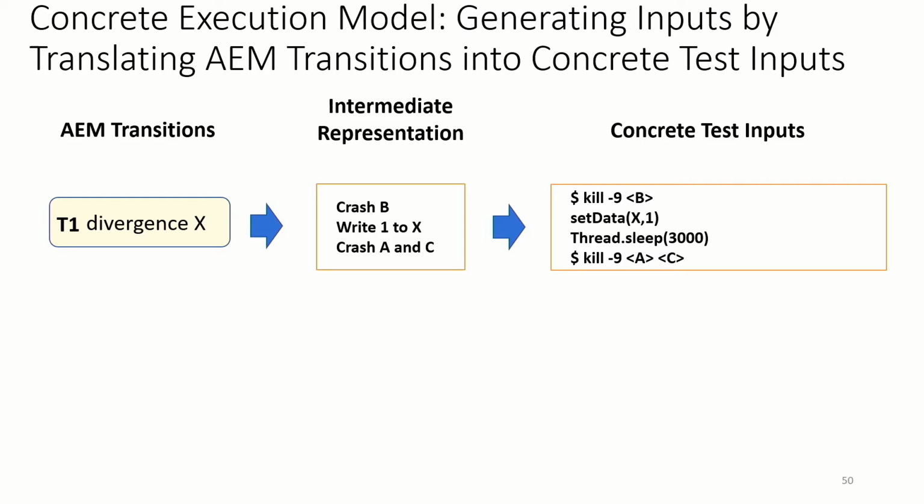So for example, for divergence transition, it translates it into the intermediate representation where crash B and write 1 to X and crash A and C are executed, which is actually get further translated into more concrete test inputs, which is kill -9 for B, set data, thread.sleep, kill -9 for A and C.